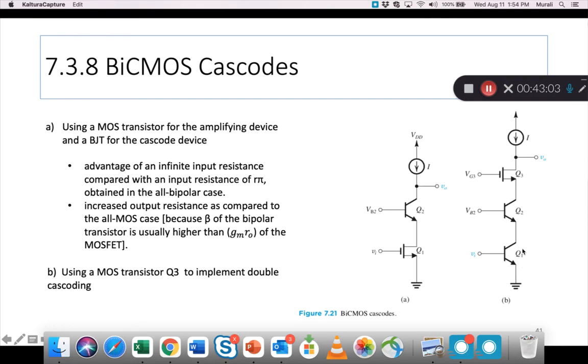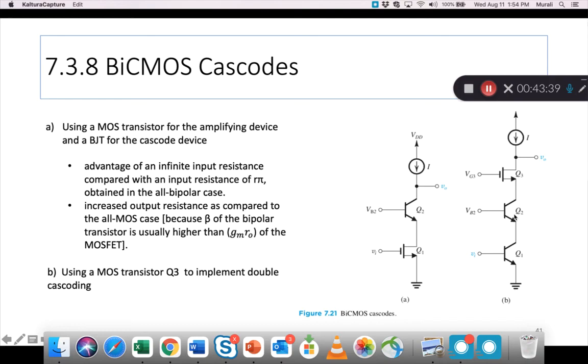Here you see the opposite. The gain cell is an NPN, but in section B, MOS transistor Q3 is implementing double cascoding. So you have a cascode Q2 on Q1, both NPNs, but if you want to accomplish double cascoding, then you cannot put one more BJT.